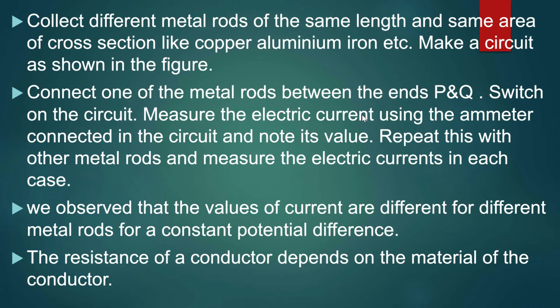Measure the electric current using the ammeter connected in the circuit and note its value. Repeat this with other metal rods and measure the electric currents in each case. We observed that the values of current are different for different metal rods for a constant potential difference. The resistance of a conductor depends on the material of the conductor.